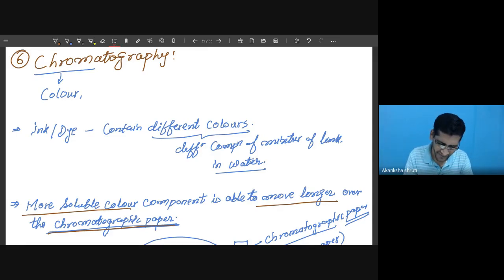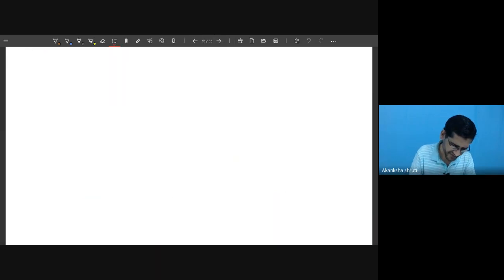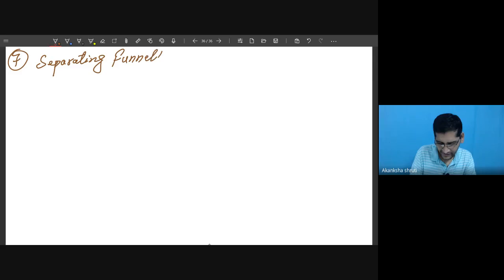Students, the seventh one is your separating funnel. What is this separating funnel? The important thing is that if we have two or more immiscible liquids, then only this can be used.